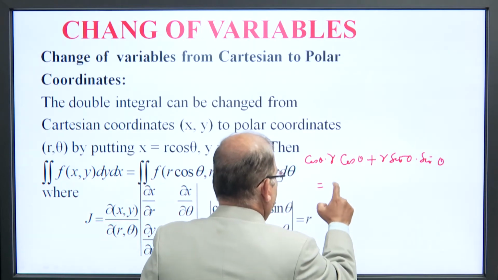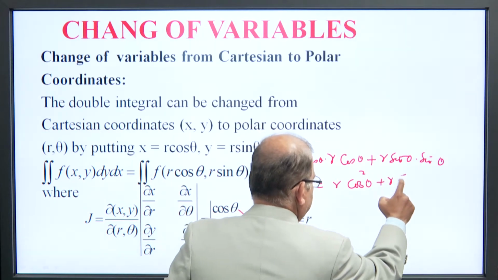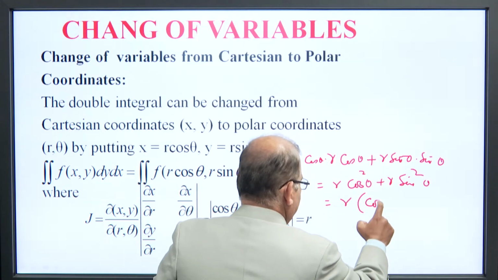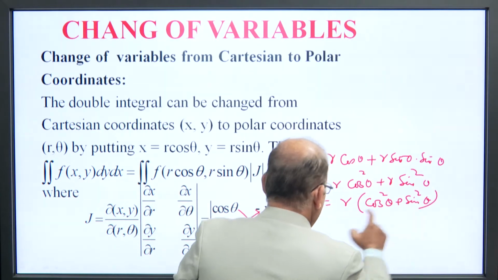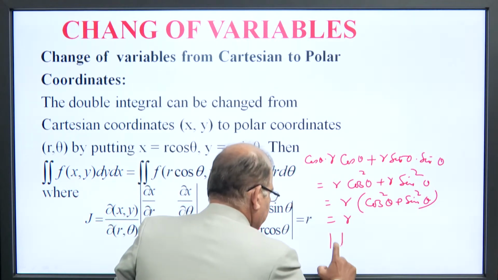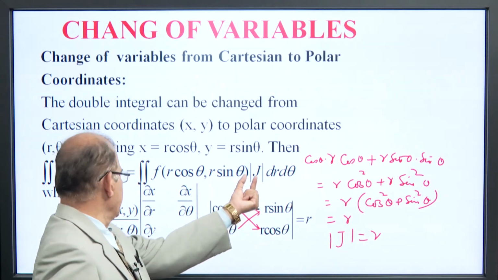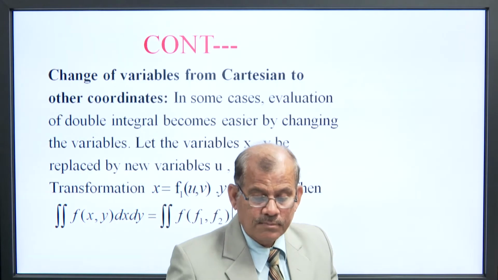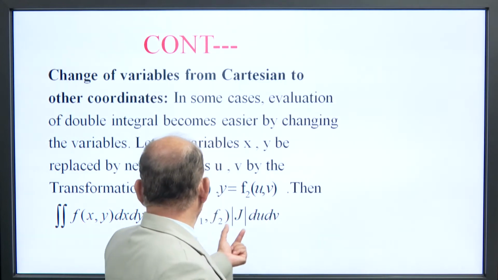It is equal to r cos square theta plus r sin square theta, which is r times cos square theta plus sin square theta, which means it is r. So the Jacobian J is equal to r, and this J is replaced by r.